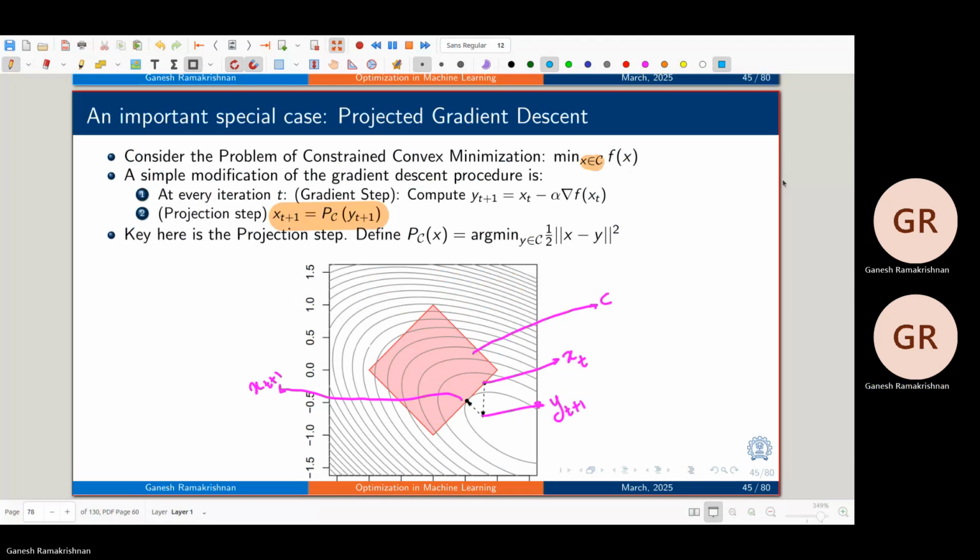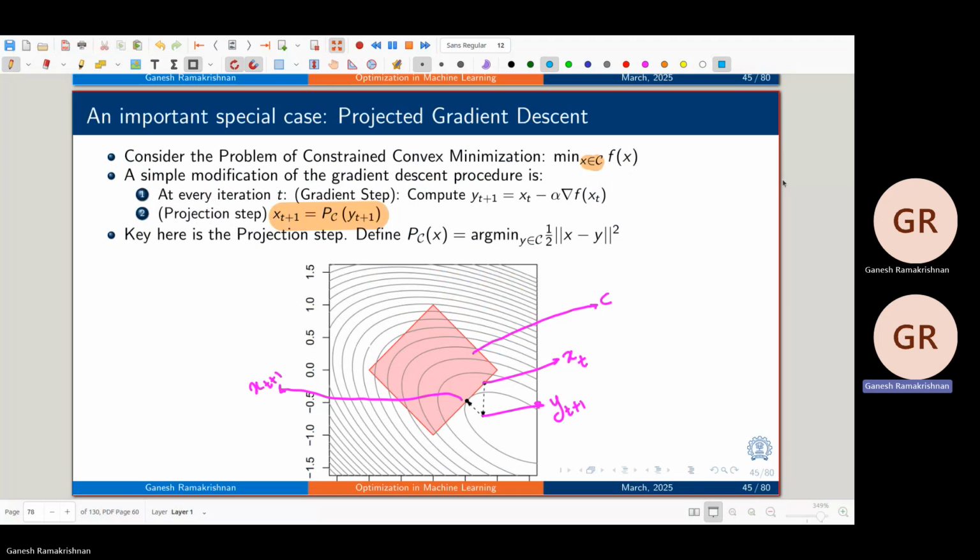And then from yt plus 1, I'll do a projection, right? The projection is nothing but the proximal step. So now we have a different view. We don't need the C. We are no longer talking about a C here. What are we talking about?